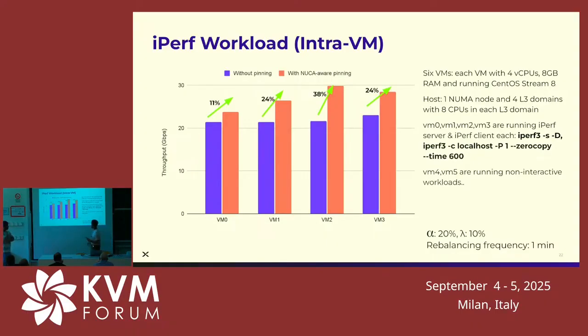So in this case too, from our placement numbers, we could easily see that our tool was basically trying to place VM0's vCPUs together, because there were interactions between the vCPUs of the same VM this time. And hence the performance went up again, and there was improvement from 10% to 38% in different scenarios. And the numbers here are different because initial placement here matters a lot, and we'll talk about it in a later slide.